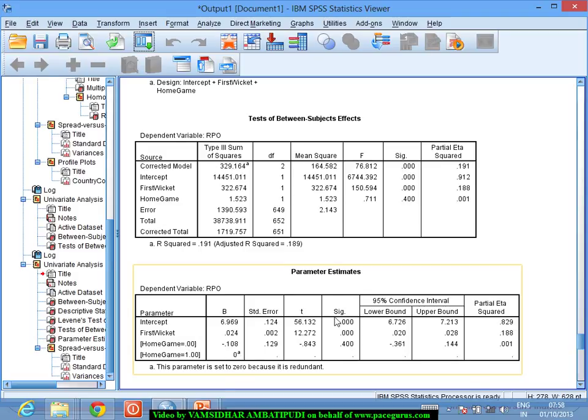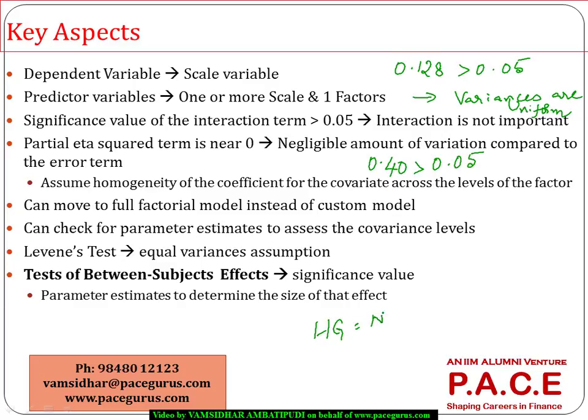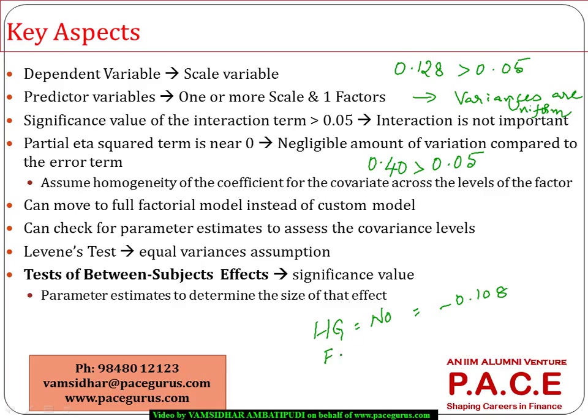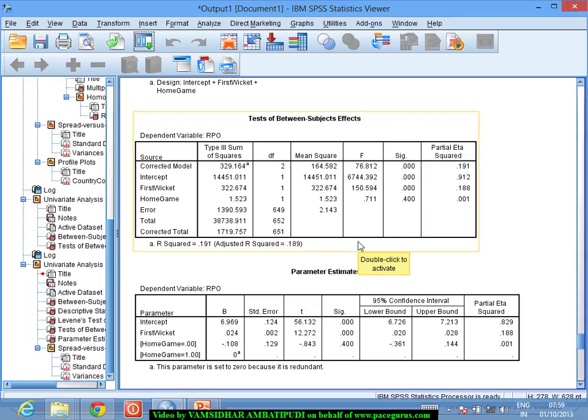For home game equal to no, we have a coefficient of minus 0.108, which means when there are two different matches where the first wicket partnership is more or less the same, in the away games the runs per over is almost 0.108 less compared to the equivalent home game.